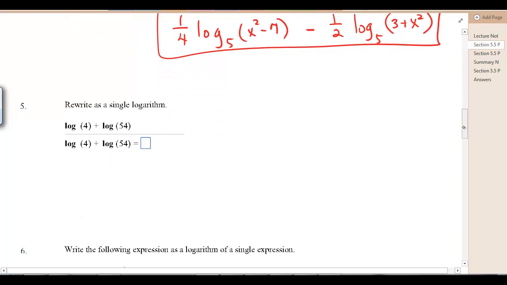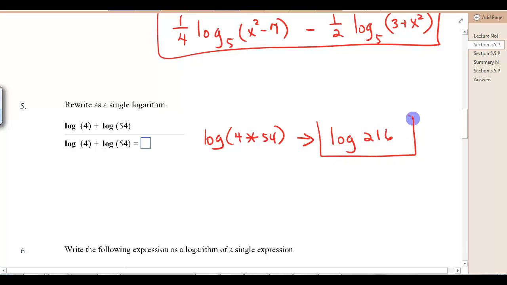All right, rewrite as a single log. This is just your answer down here. So this is an addition, so we're going to rewrite it as multiplication. So we have log of 4 times 54, and you just go one more step and actually do that multiplication, and you would have log of 216.